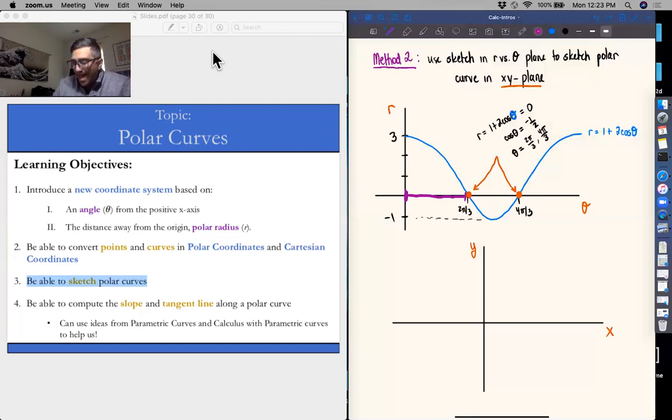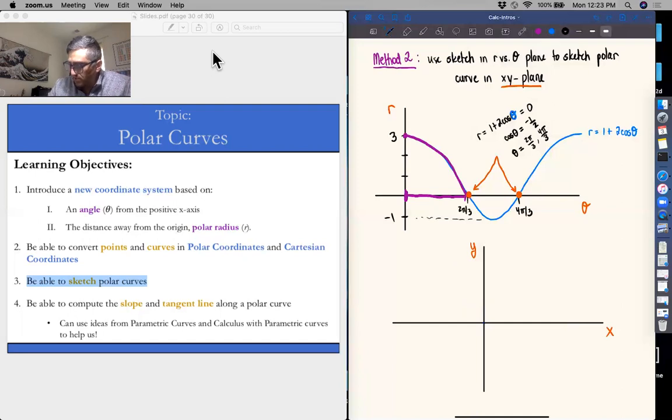In this entire angular region, r is going from something positive, r equals 3, and getting smaller and smaller until r equals 0 at that particular angle. So what this means down below is that for our angle between 0 and 2 pi over 3, we know r is going from something positive to something equal to 0.